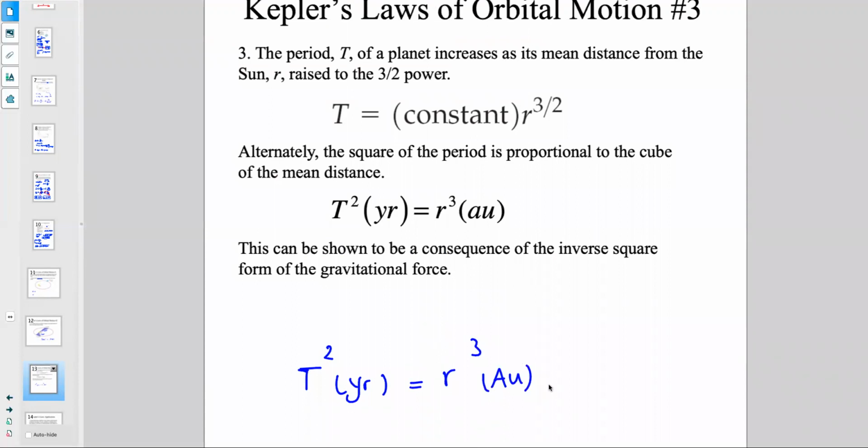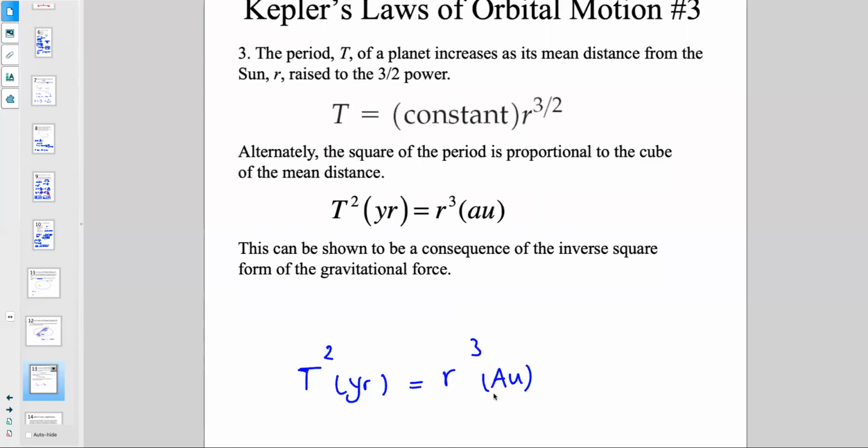There is a constant behind it. So if you know the period of a planet and you square it, this should be equal to the average separation of that planet, or comet, or object, to the power of 3.